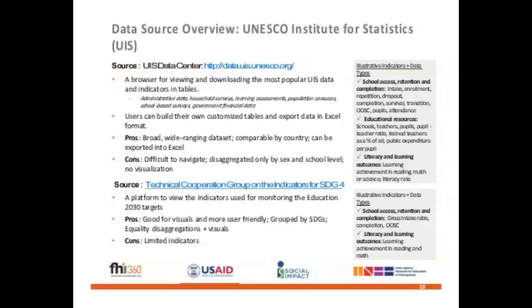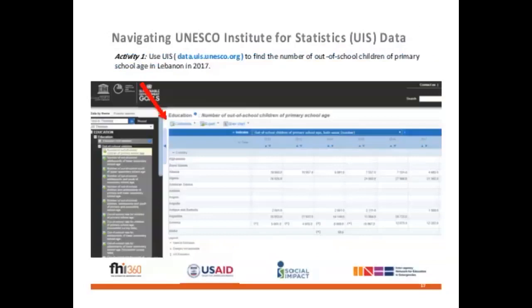So to start, we're going to talk about UIS. As I mentioned, UIS is the most comprehensive national level source of education data. I'm actually going to jump quickly to connectivity so that you can all see what the UIS site looks like. You can see that data is organized in a tree view.